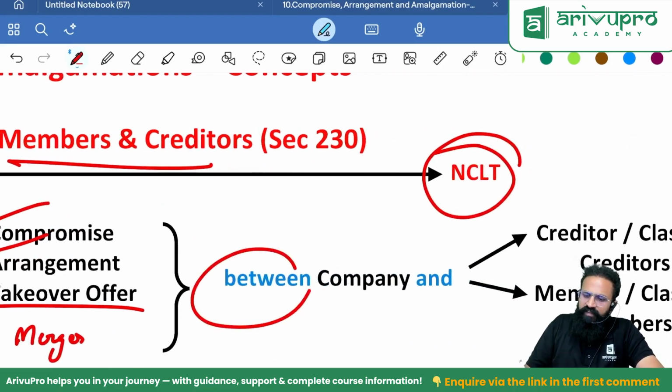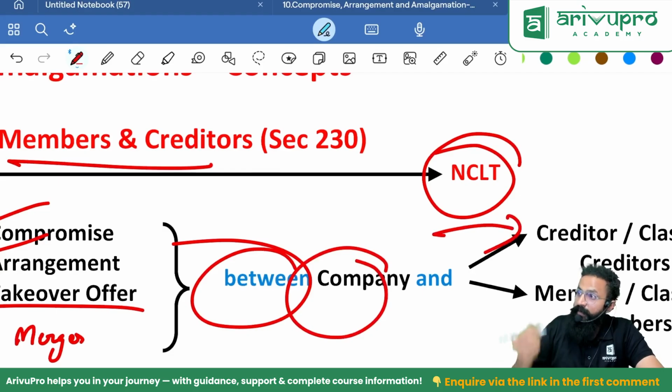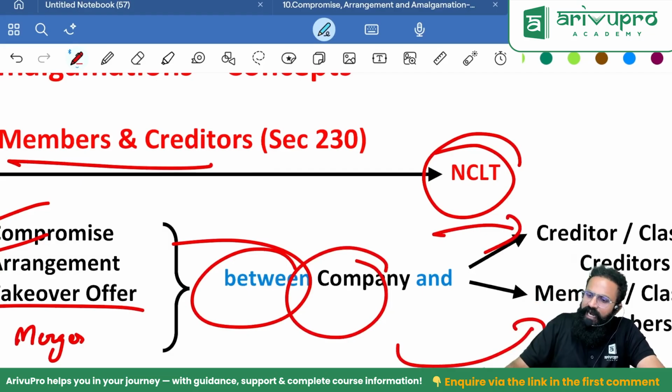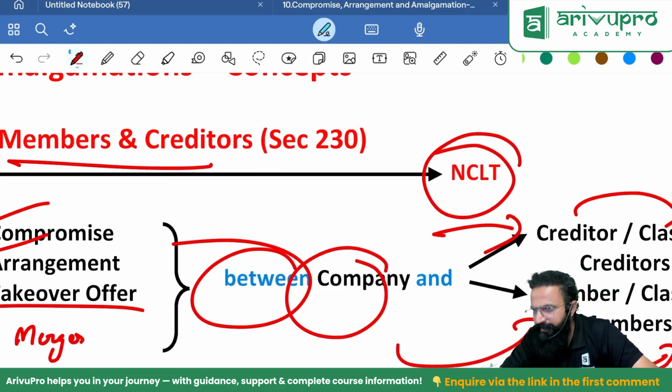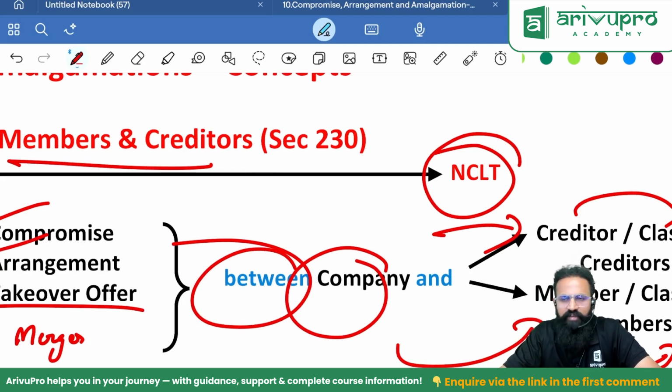Now, this is between whom? Between the company and the creditors, or between the company and its members, between the company and a class of creditors or a class of members. What is the difference? Creditor means one person, class means everyone. Meaning we have 100 debenture holders. If we are entering into a compromise with one person, or with all the 100 debenture holders, it's called a class of creditors.